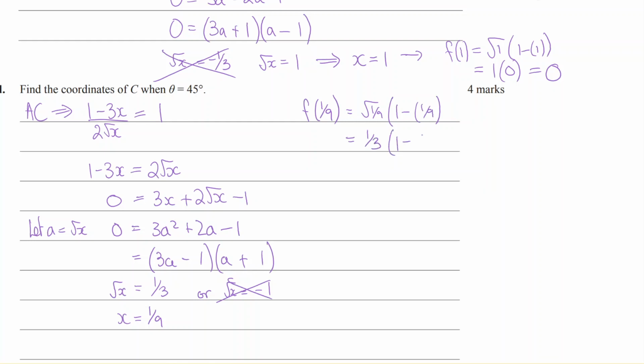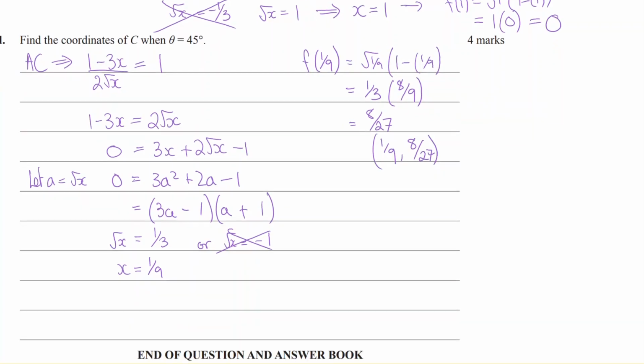We've got 1 - 1/9, which is 8/9. So we're going to get 8 on 27. So we know that there is a point on this line, which is (1/9, 8/27).